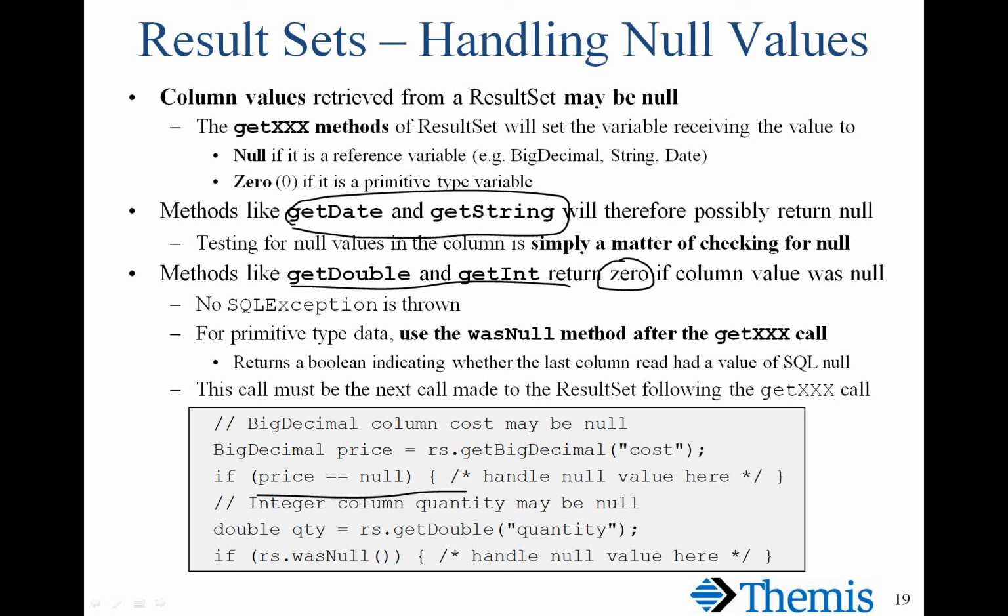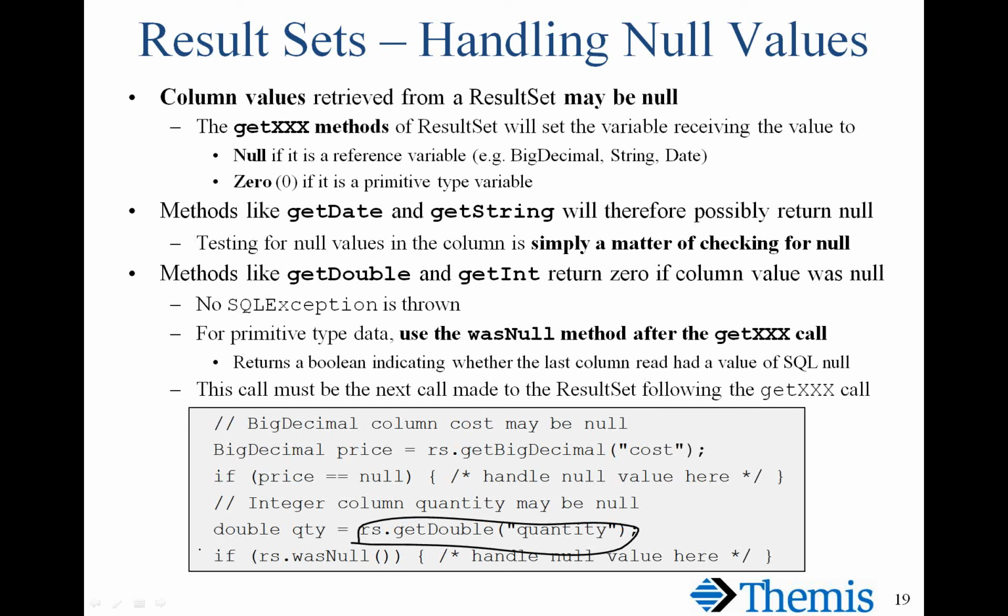So 0 is what's provided by the driver, and you need to call a special method designed to determine if that column had a null value. That method gets called immediately after you make your call to get the, in this case, primitive value, quantity, which is a double, and then ask the result set if that last call returned a null value. So there are ways to handle nulls.